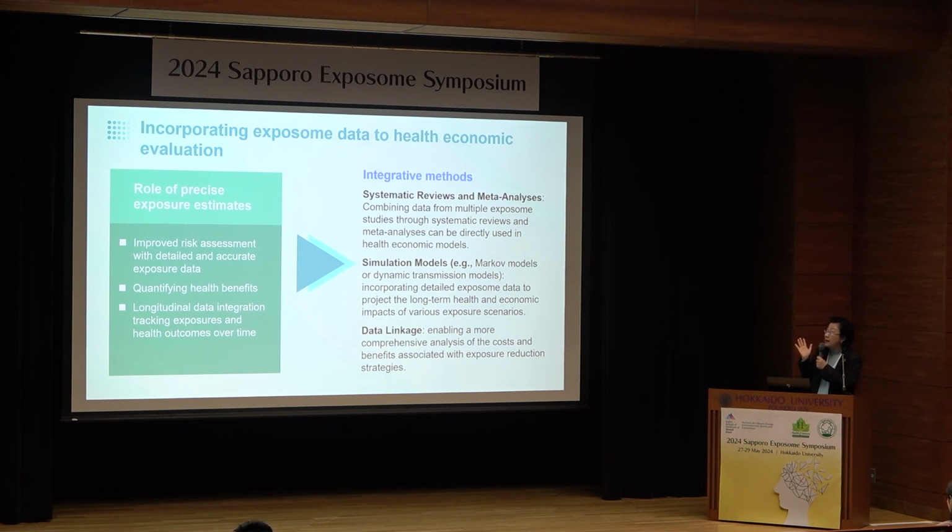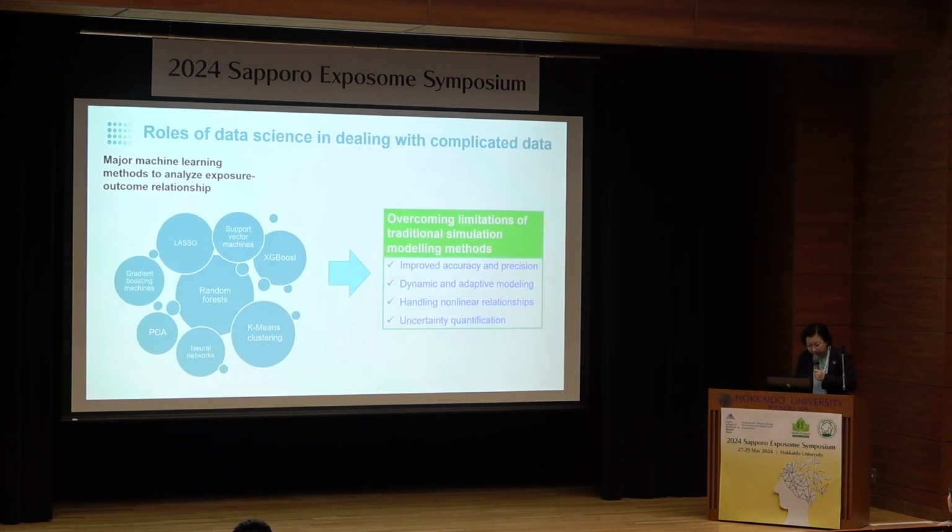traditional methods like systematic reviews, meta-analyses or simulation models, I will highlight the potential role of data science, like big data or machine learning, in enabling more comprehensive analysis of complicated data sets.